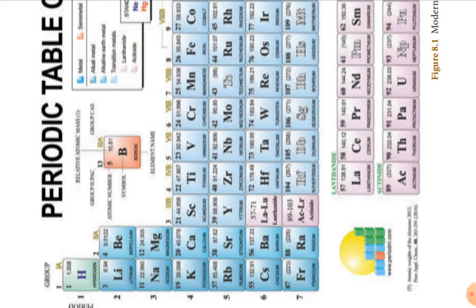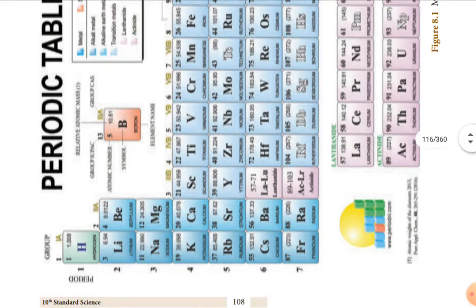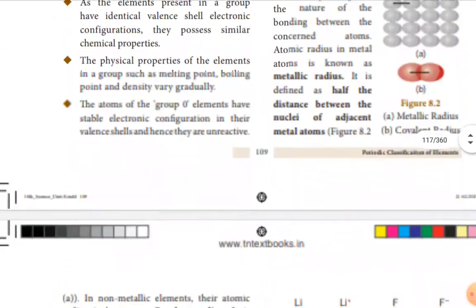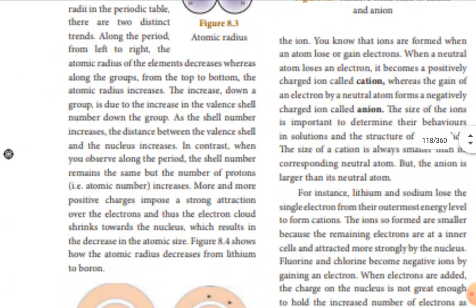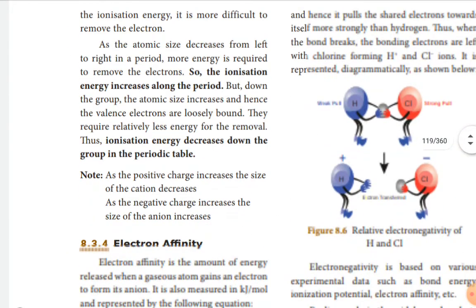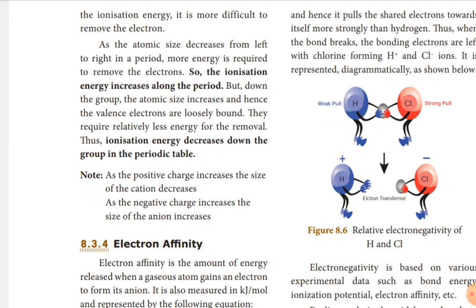Then what is ionization energy? The minimum energy required to remove an electron from a gaseous atom in its ground state to form a cation. This is called ionization energy. Then next one, what is called electron affinity?